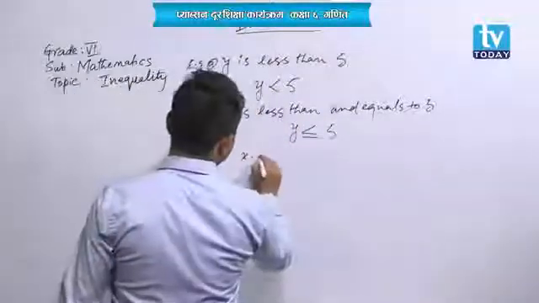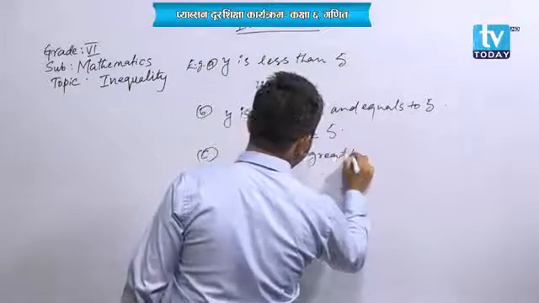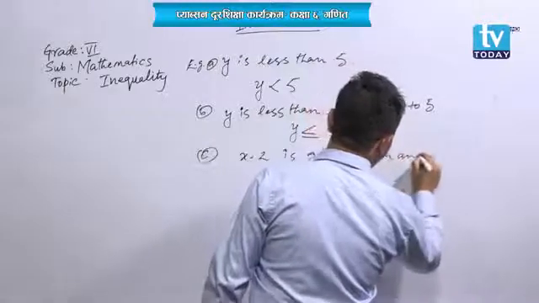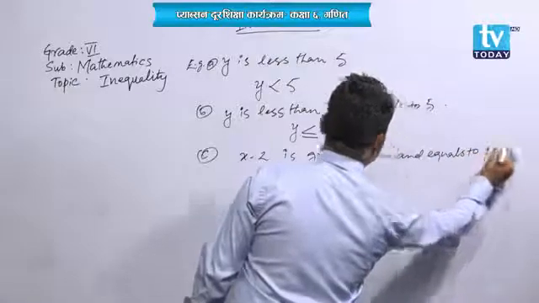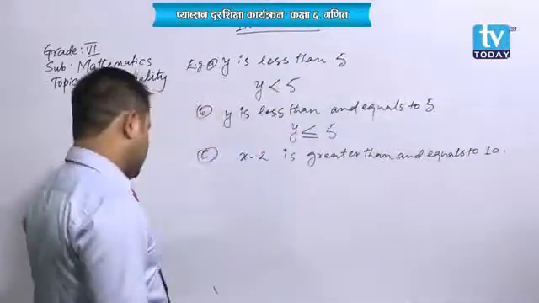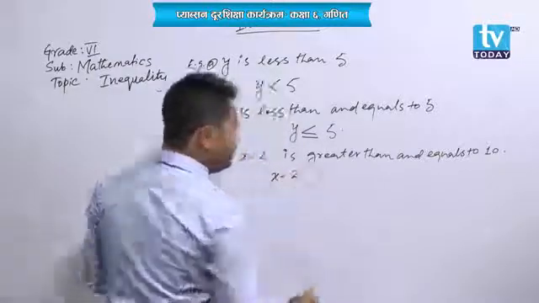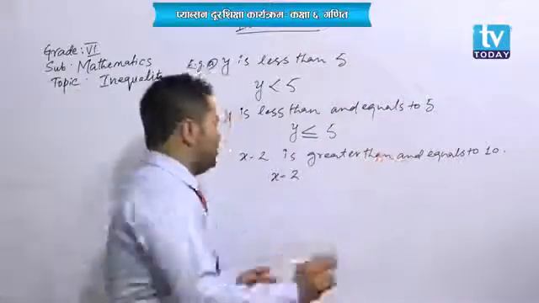Similarly, x minus 2 is greater than or equal to, suppose, 10. Then how to write? Please see here, x minus 2 is greater than or equal to 10.